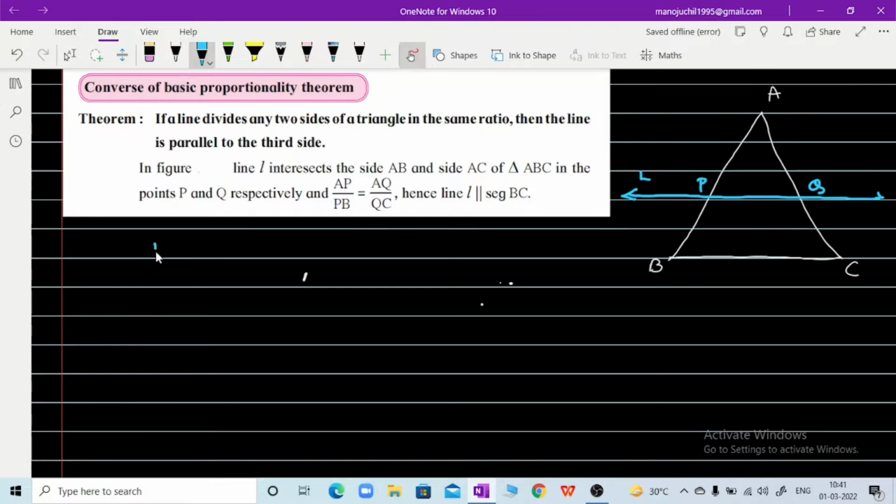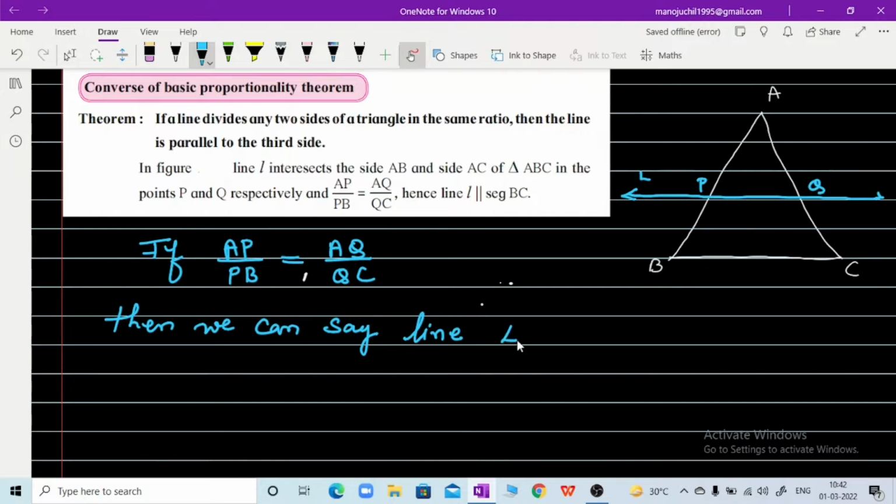That means if AP upon PB is equal to AQ upon QC, if this is the condition, then we can say line L is parallel to BC.